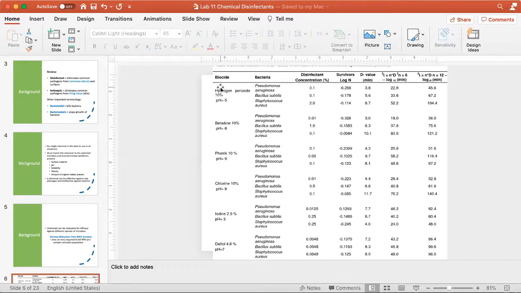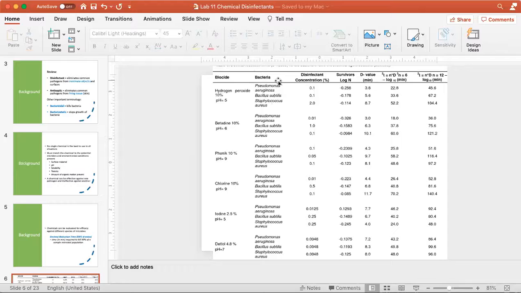The first chemical in the table is hydrogen peroxide, and it's 10% hydrogen peroxide, which is the strength that it's typically used at when people use it as a disinfectant. And you'll see it has a pH of about 5. So against Pseudomonas aeruginosa, and if you remember, this is an organism that tends to live in our environments, even our man-made environments, and it's an opportunistic pathogen.